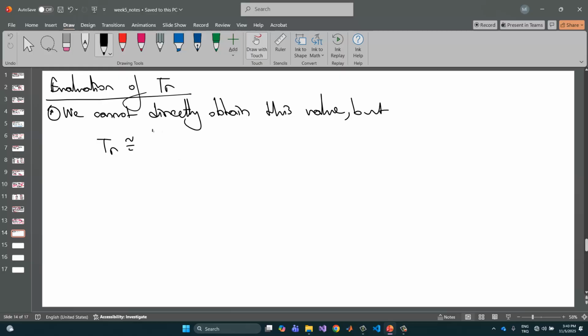It's equalized to 1.8 divided by wn. This is also another assumption for the underdamped second order system, guys. This can be proved, but it's too long.